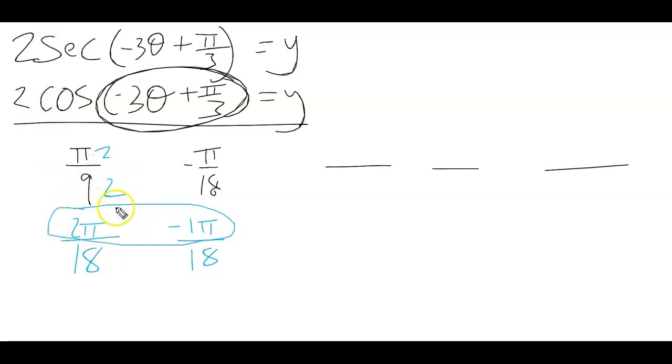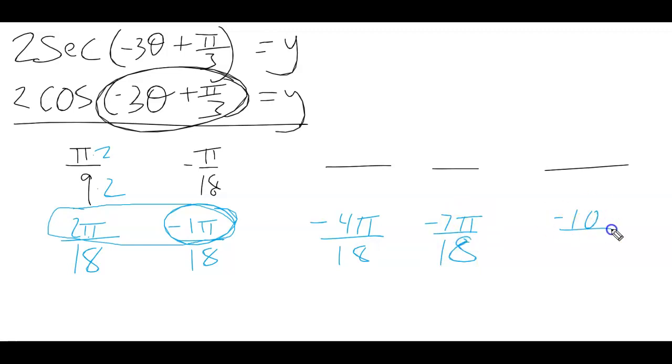So to find your pattern, you really just look at the numerators after you've got your common denominator there. If I'm going from 2 pi to negative 1 pi, then I went down by 3 pi in the numerator. To go from 2 to negative 1, that's going down by 3, right? So if I go down by 3 again, that puts me at negative 4 pi. And then if I go down by 3 again, that puts me at negative 7 pi. And then if I go down by 3 again, that puts me at negative 10 pi.